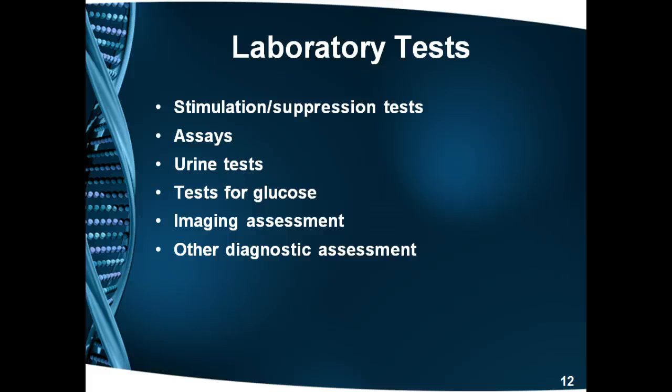Then they have venous sampling, which is when you draw blood directly and then they run the test. They have urine tests, which is like a 24-hour urine, and they're assessing the hormone levels for metabolites in the urine or different endocrine things and overall function.